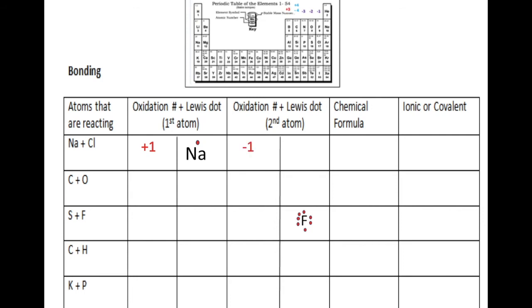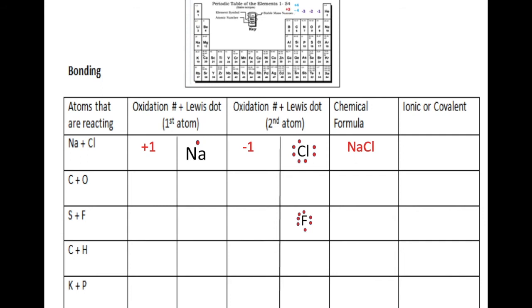The oxidation number for chlorine is -1, and it has 7 valence electrons since it is in group 17. We know that sodium is going to have to give away that electron to chlorine, and we're going to have a simple chemical formula of NaCl.